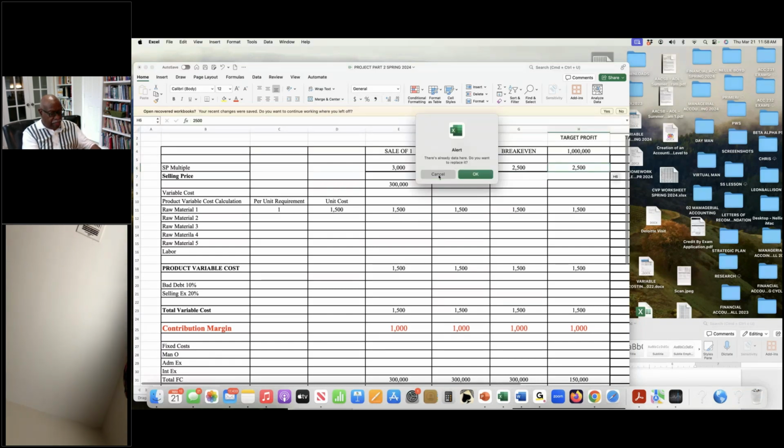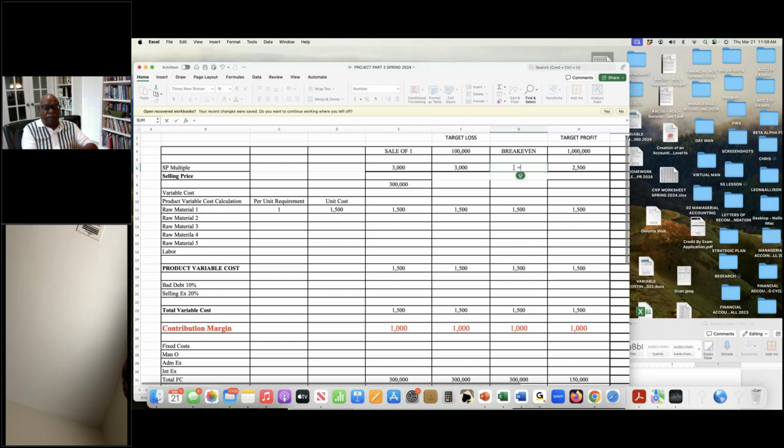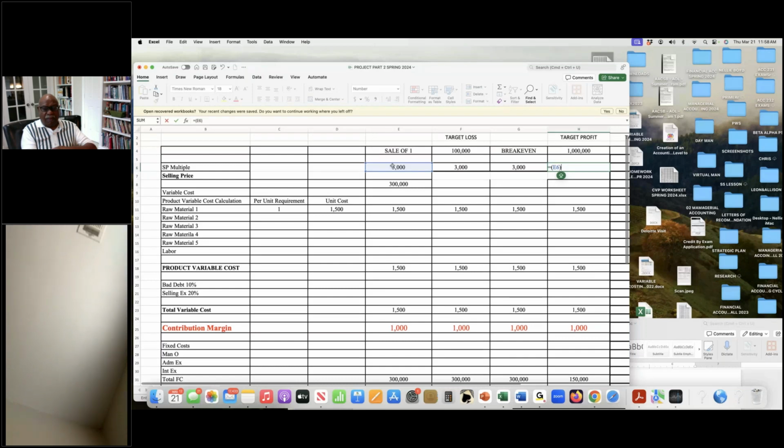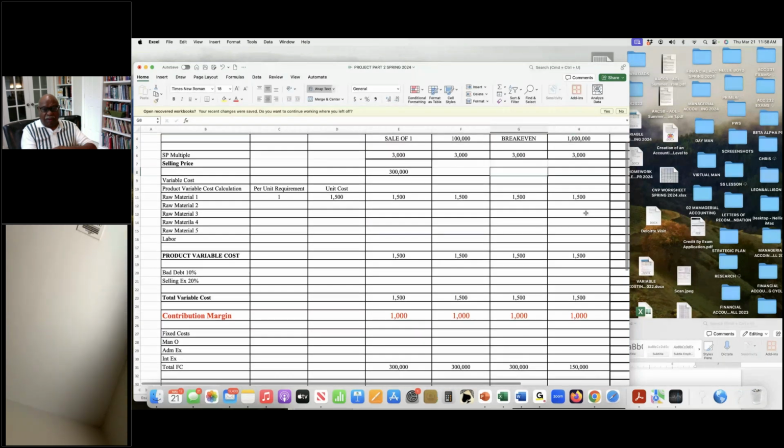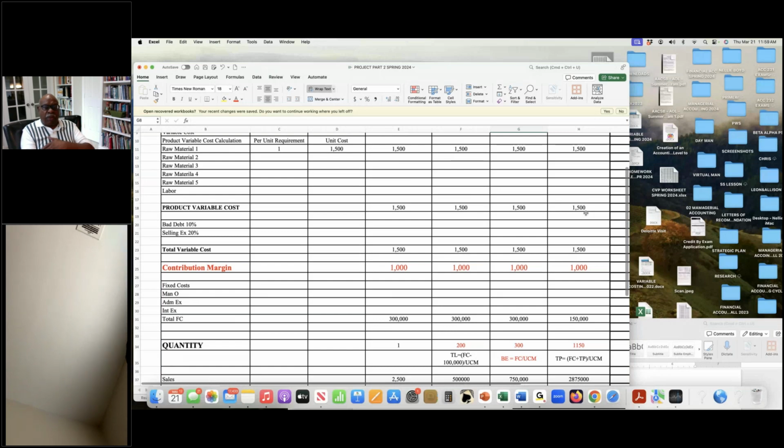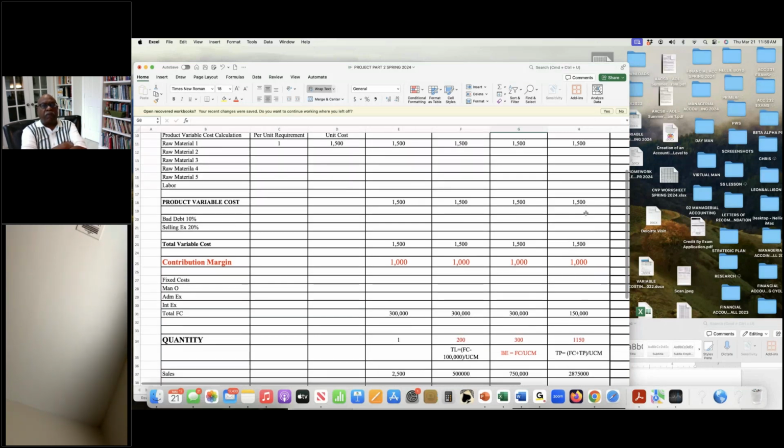Better put equal in here again. Sometimes you can drag it on over. Okay, so we just changed our assumptions, correct?